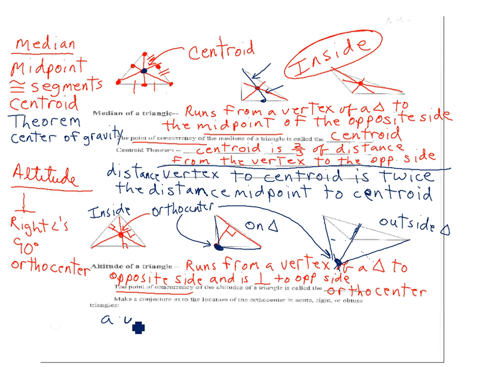For an acute, inside, obtuse, outside, and for a right triangle, on the triangle. It's right at the vertex of the right angle.